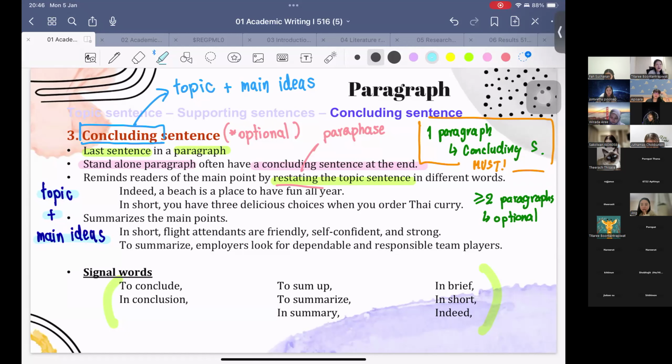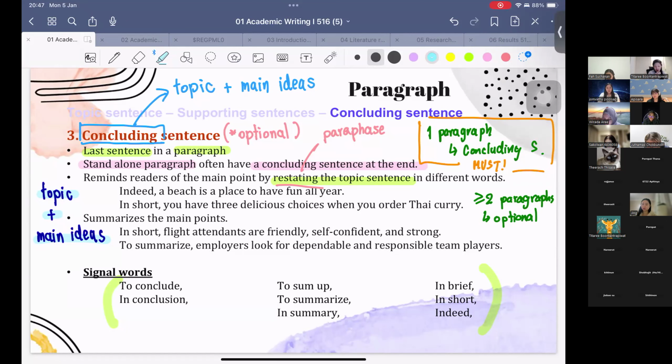You have to use the words to sum up. You cannot go with in sum up. That is a wrong use of transitions. It has to be to sum up, to summarize, to conclude, or you can go with in conclusion or in summary. There are a lot of them. This is just an example for you to troubleshoot.